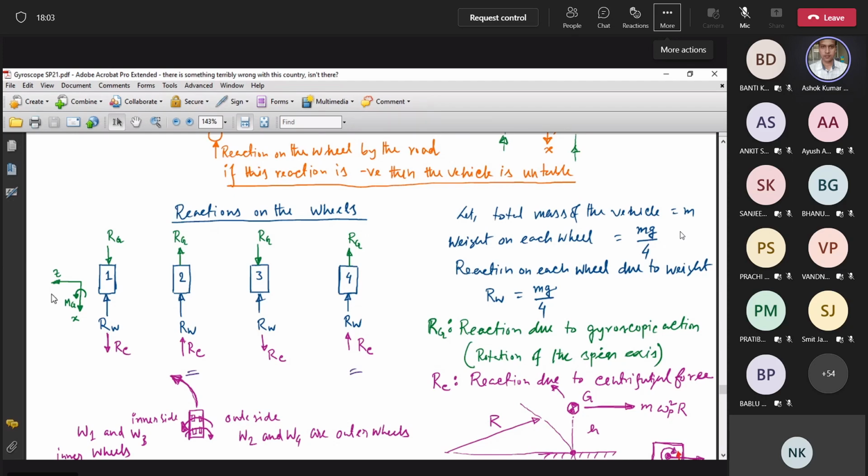The change is along this direction, that is the x direction. That means the applied moment direction should be along the x direction. So there should be two forces creating a couple, that is this moment.